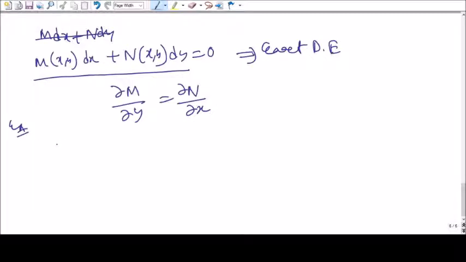Suppose the differential equation is 2xy dx plus (x square minus 1) dy equal to 0.